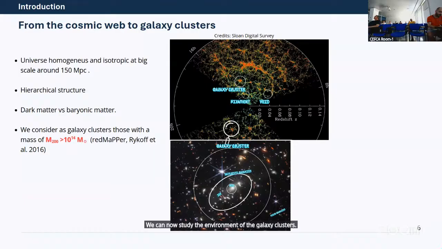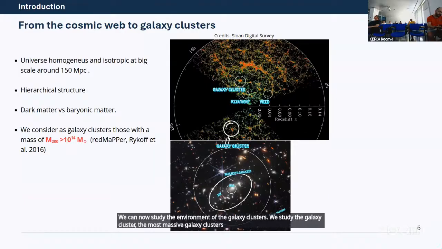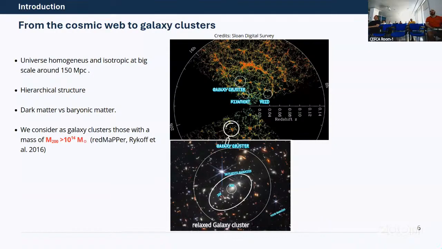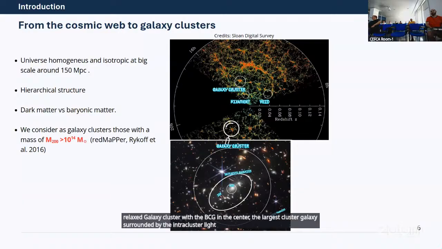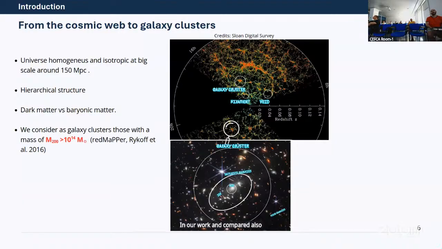We study the most massive galaxy clusters, 10 to the 14 solar masses, with redMaPPer, as we will see later. Just to comment on the basic structure of a relaxed galaxy cluster: the BCG, the brightest cluster galaxy, in the center, surrounded by the intracluster light, and all these satellite galaxies that are going to be in our work, and we also compare with the field galaxies.